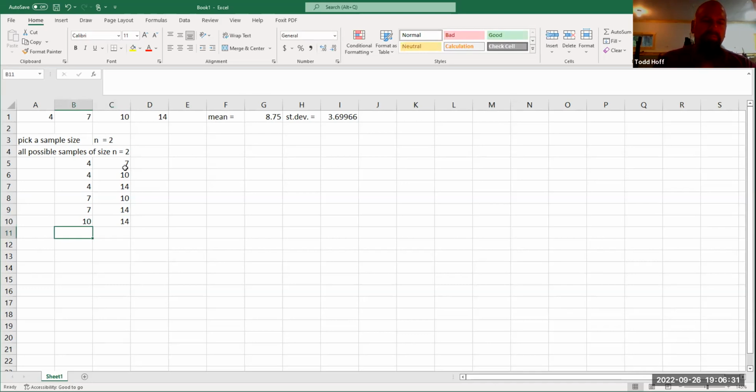So those are all the possible samples. Order not included. 4 and 7 and 7 and 4 are going to be considered the same sample. So those are all the possible samples that we can take from this set of 4 where we get a sample size of 2. Well, for each of those samples, let's find the sample mean.